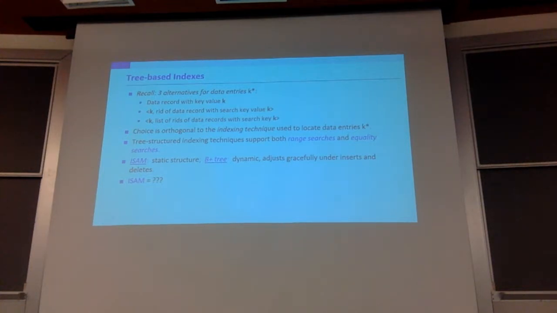Before we go into the details of B plus tree, we will first talk about something called ISAM. It's a very old indexing technique. ISAM stands for index sequential access method. So this is really old, but up until sometime after 2000, I don't think it's 2010, MySQL only supported this.